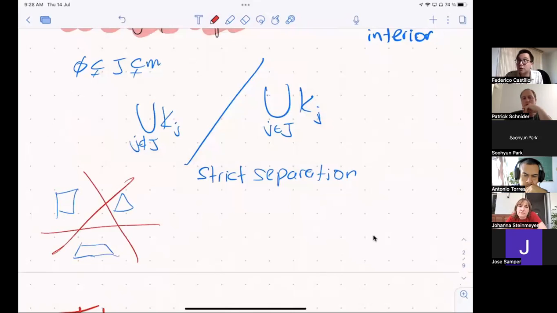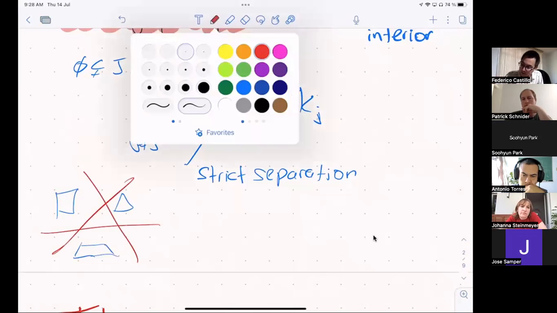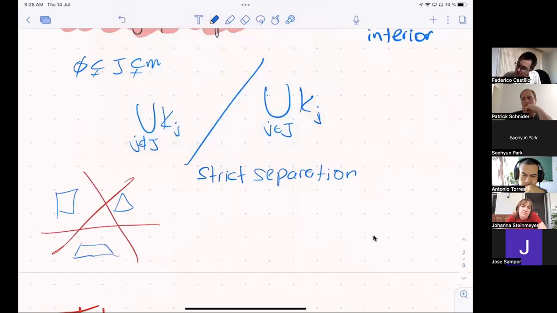So sometimes this is not doable. For example, something that I don't want to have is something like, you can imagine 2 circles, or let's say 3 circles, something like this.